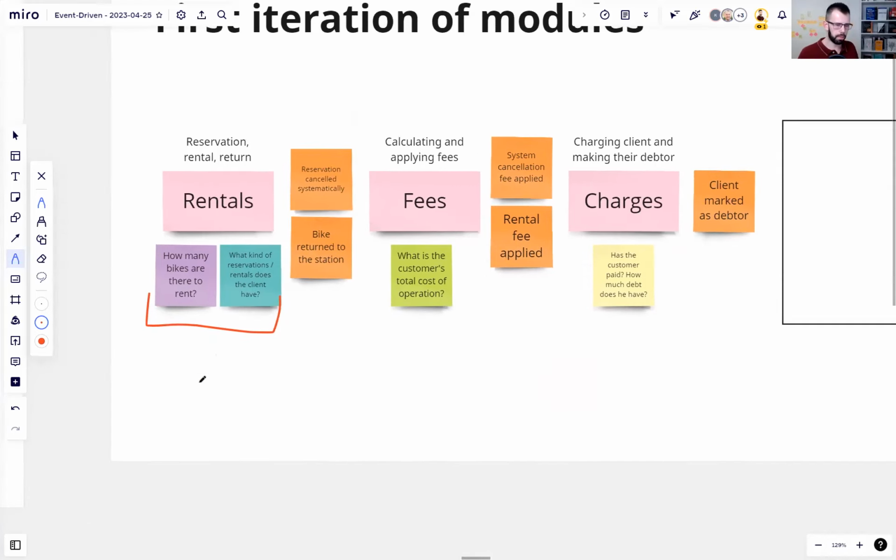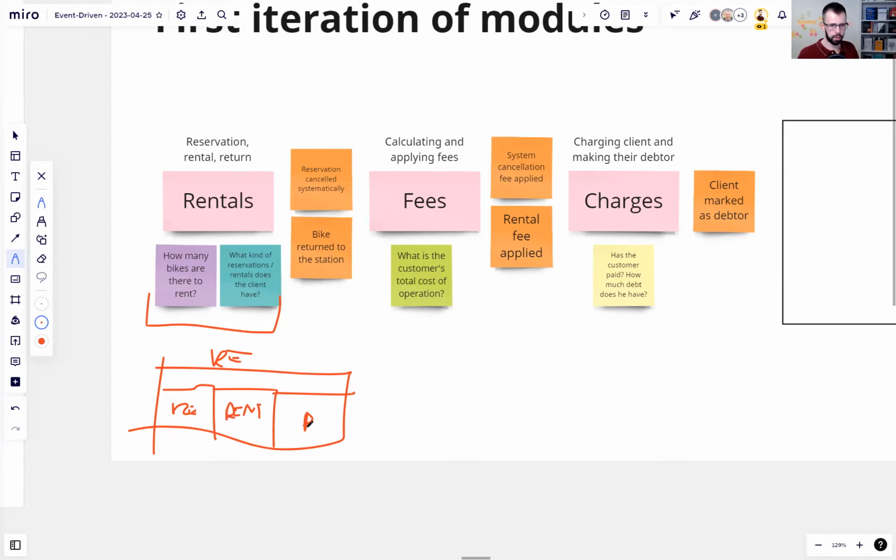And then you can even have smaller modules within a bigger one. So it's not a problem to have rentals, and then smaller, more business-focused modules: reservation, rentals, and returns. Because they want to answer a similar question, like how many bikes are there to rent, what kind of reservations and rentals does the client have, we want to have them in a single module.